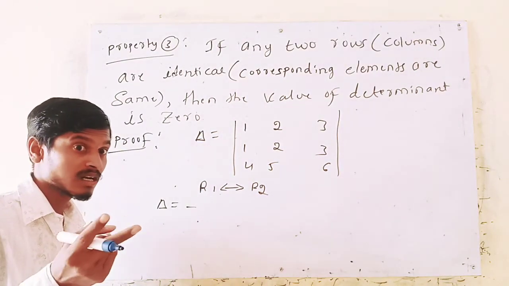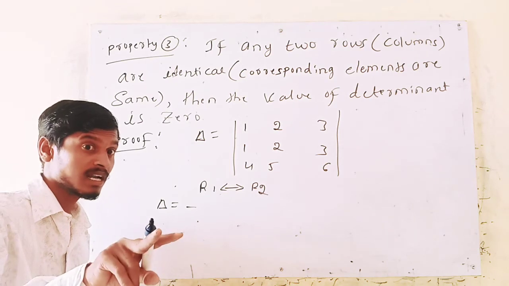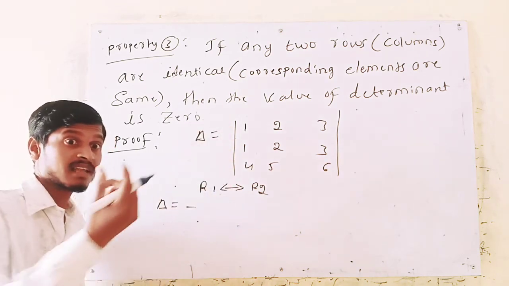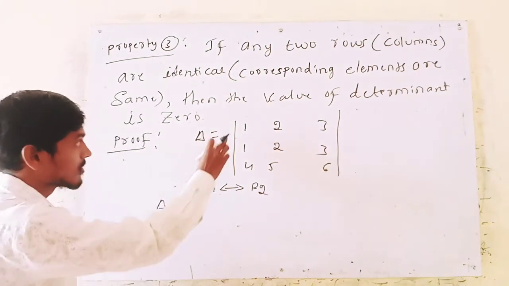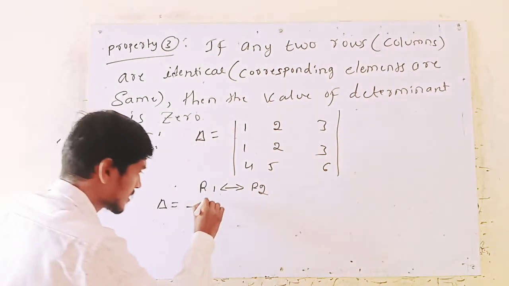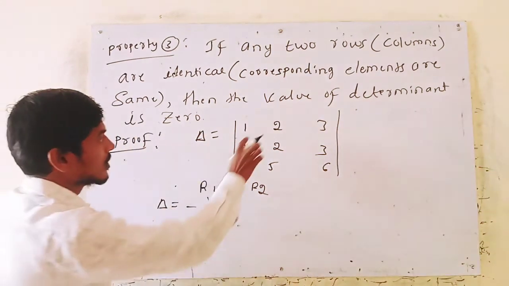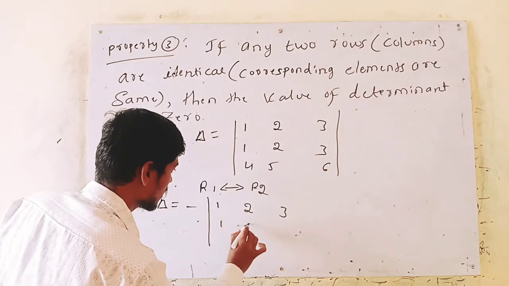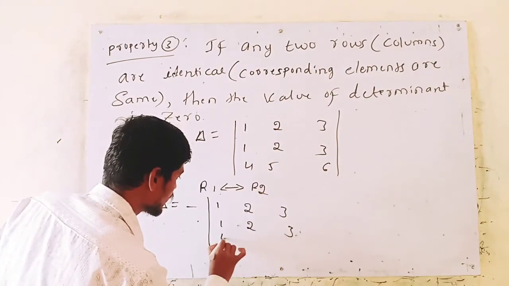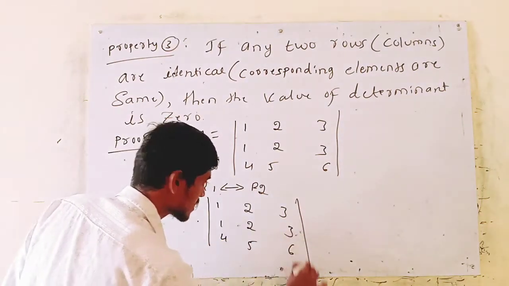If any two rows or columns are interchanged, then the sign of the determinant changes. Will it now become plus or minus? Yes. Therefore, after interchange it is 1, 2, 3, 1, 2, 3, this one 4, 5, 6.